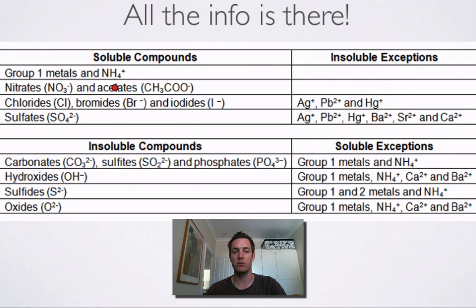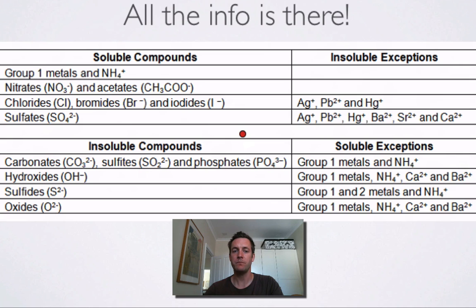All nitrates and all acetates or ethanoates are soluble. All chlorides and bromides and iodides are soluble too, except for silver chloride and iodide and bromide, lead chloride, bromide and iodide, and mercury, and so on.